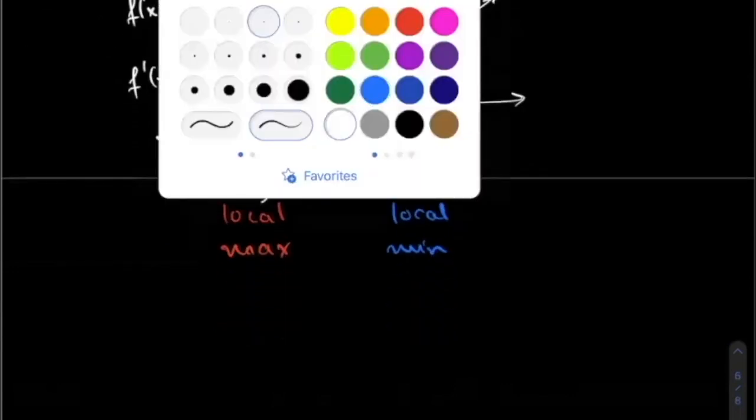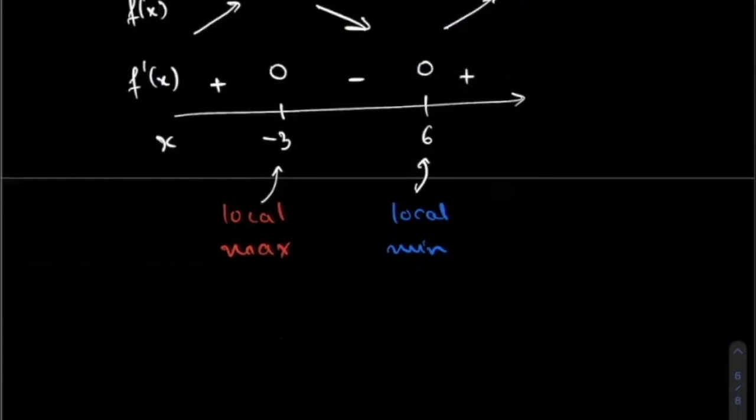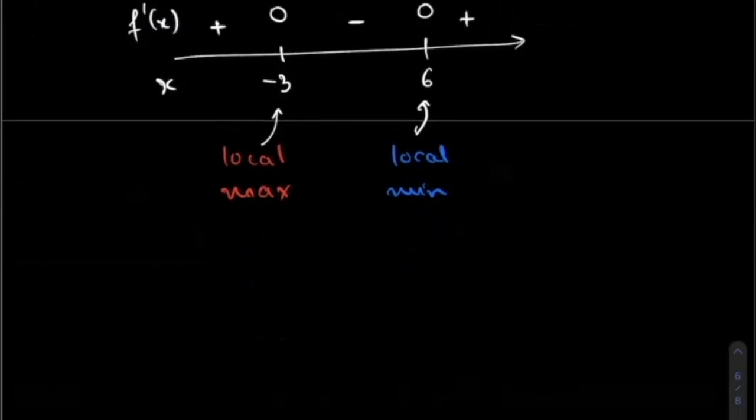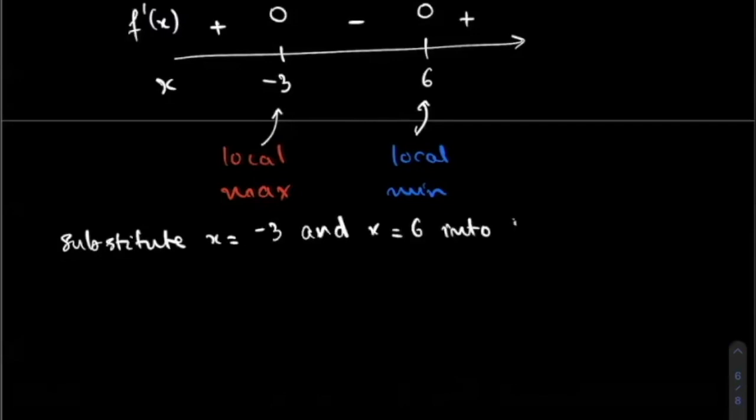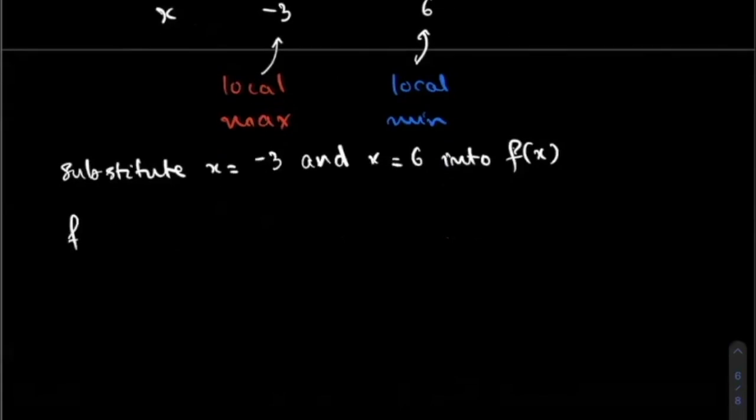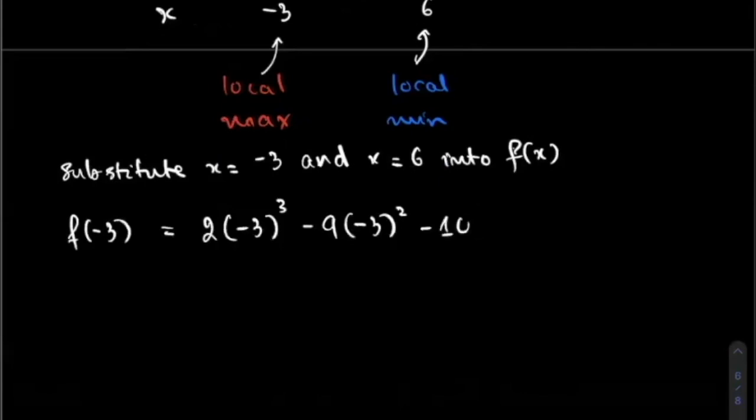How would you do that? You just substitute x equal to -3 and x equal to 6 into the original function to evaluate the local maximum and local minimum values. So f of -3 is 2 times -3 cubed minus 9 times -3 squared minus 108 times -3 plus 2.